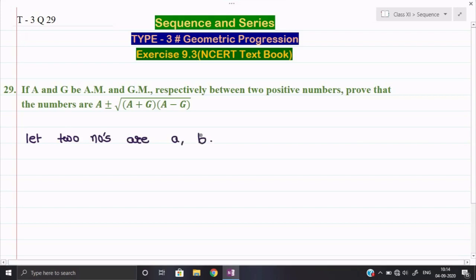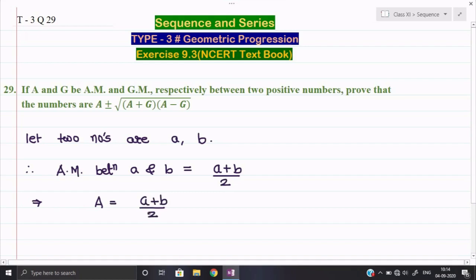Okay, now we can say that therefore arithmetic mean between a and b is equal to a plus b upon 2. Okay, and one more thing we can say, here in the question we are given that the arithmetic mean between a and b is given by capital A, that you can see. So that will be equal to a plus b upon 2.